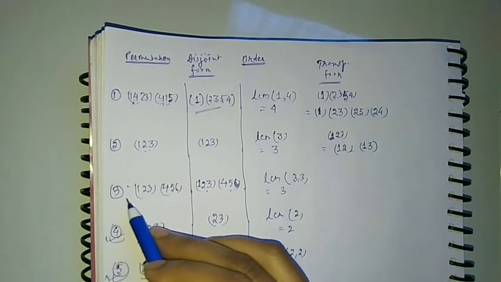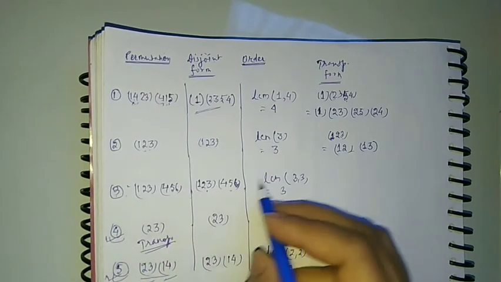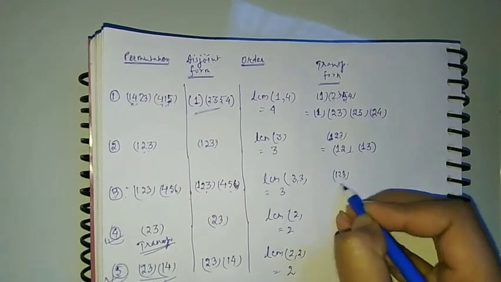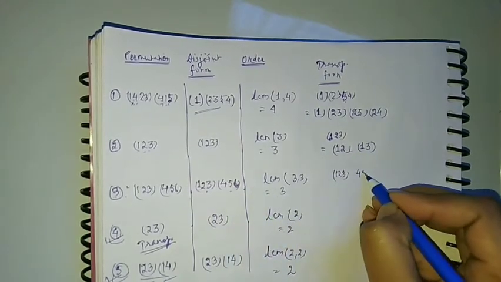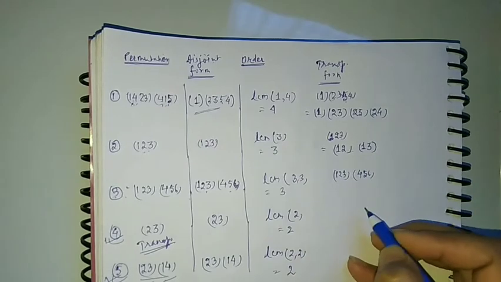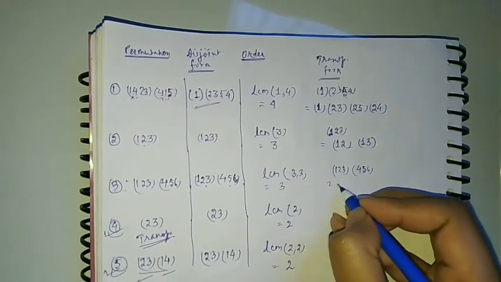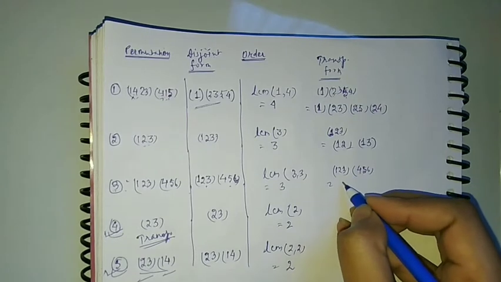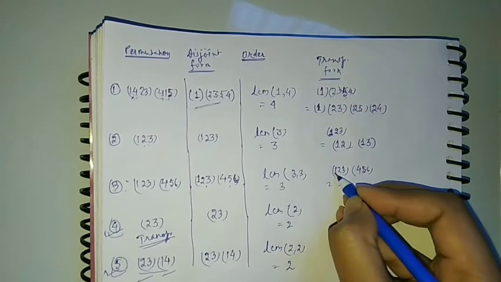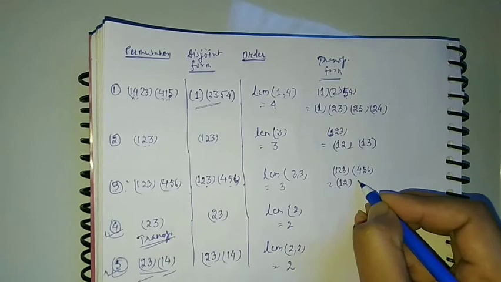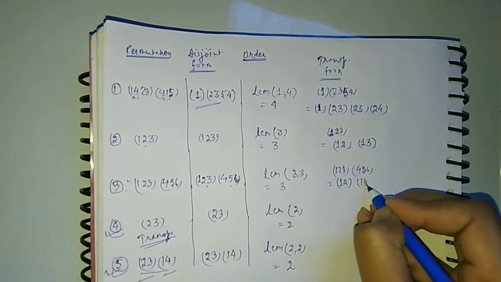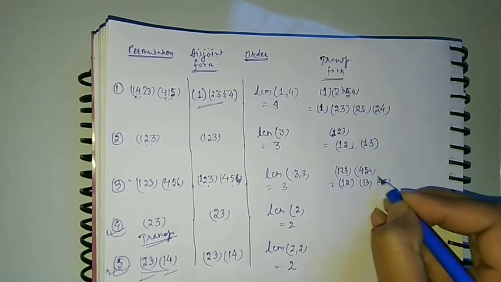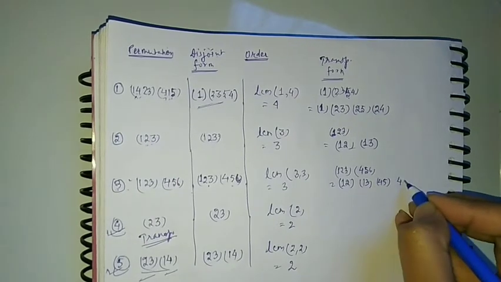Now if we want to do it for example number 3, the disjoint form is like this: 1 2 3 4 5 6. So first convert this cycle into a product of transpositions. First write 1 and 2, close, 1 and 3, close, 4 and 5, close, 4 and 6.